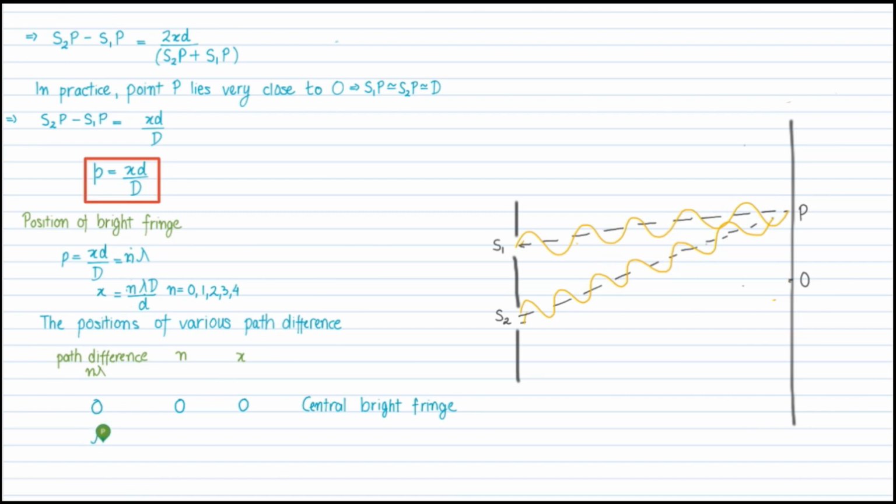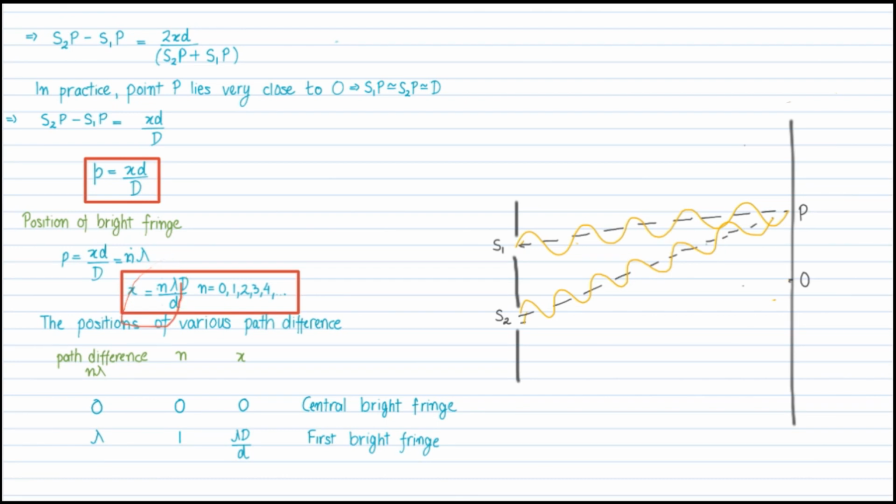If this is lambda, what is the value of n? n equals 1. Now in this case, use this expression: the value of x will be lambda D by d. So at this point you will get the first bright fringe. At point O you had the central bright fringe, then at point P you will have the first bright fringe.